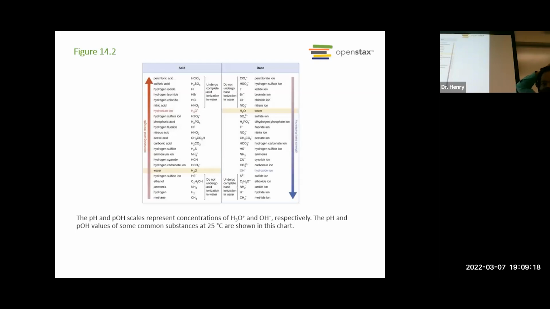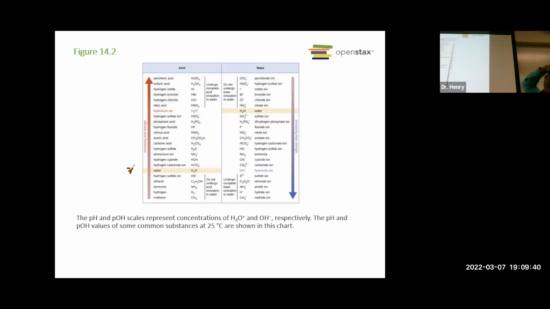These are examples of some substances and how they pertain to being acidic or basic. So for instance, here's water, right? So we know that water has a pH of 7, okay?